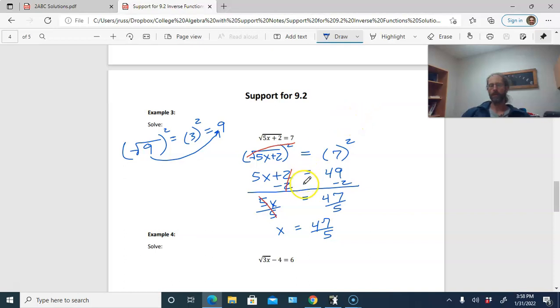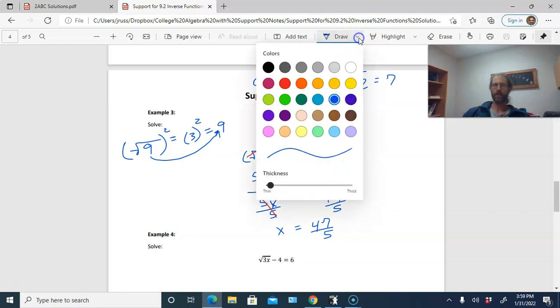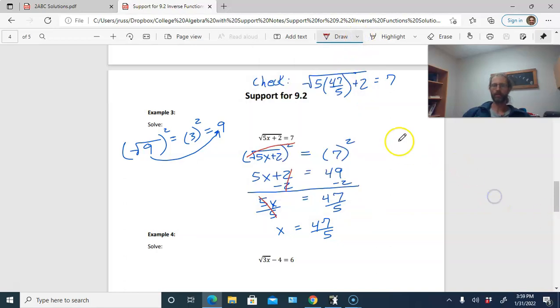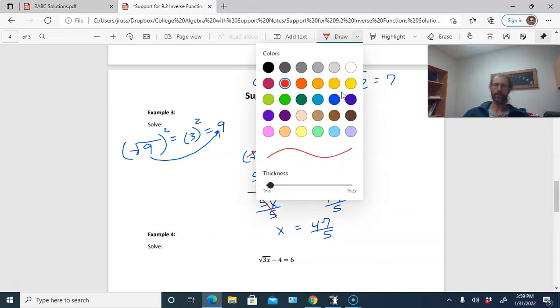Now my last step would be to actually check and see if this is in fact the solution. So I go back to my original equation and plug in 47/5 for x, and we see if we get a true statement. You have to start underneath the radical: 5 times 47/5. You could do this in your calculator, but notice we have a 5 in the numerator and a 5 in the denominator, so why not just divide those out like we always do?